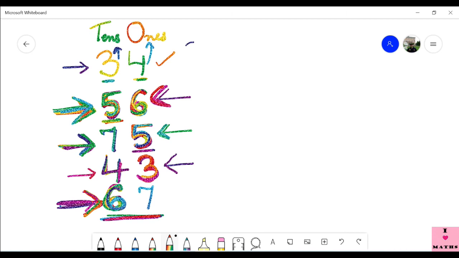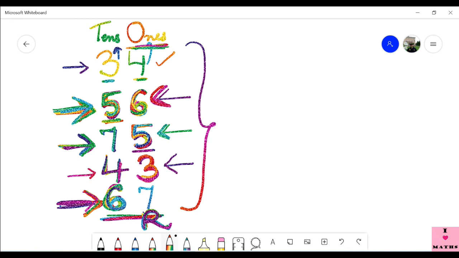So in all these numbers, the digits to the right hand side are all in ones place.